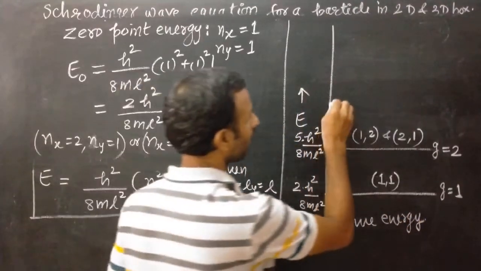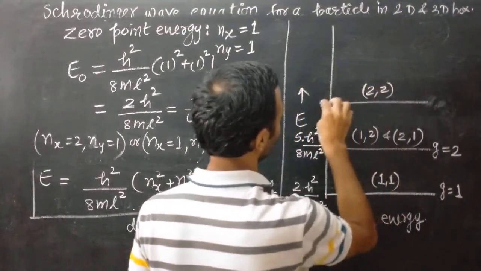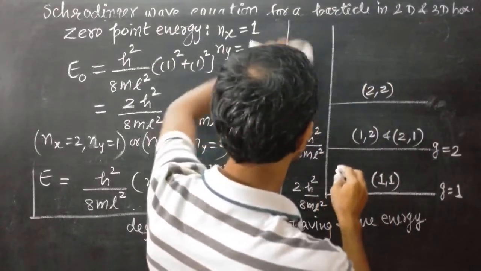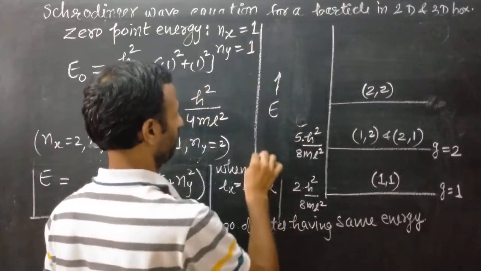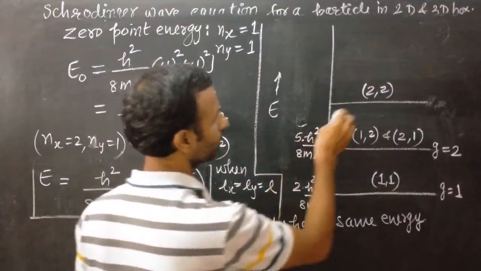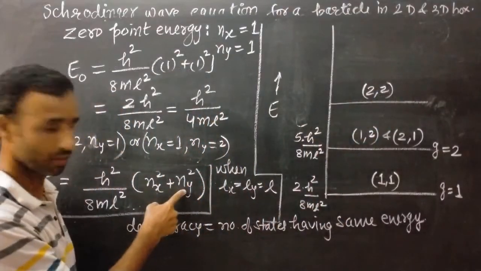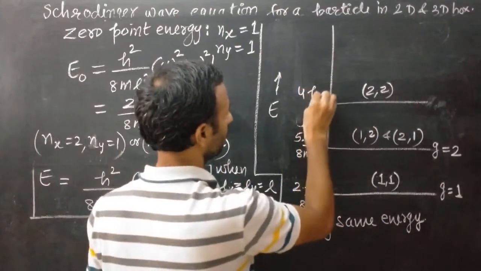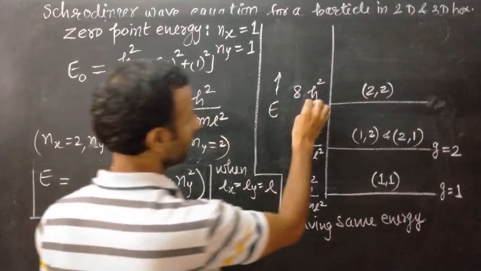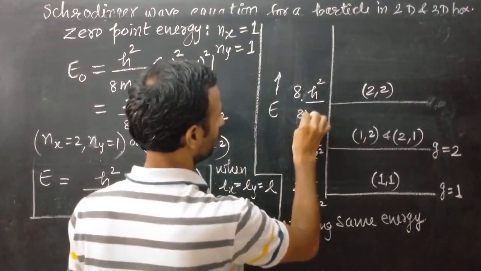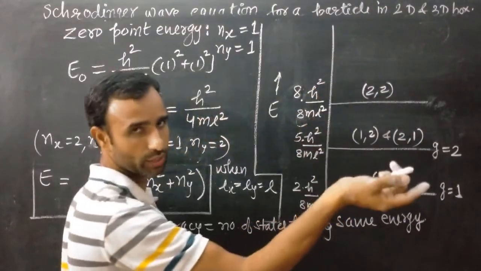Now next is 2, 2. For 2, 2 it is 2² plus 2², so total 8, 4 plus 4, right? 8 into h²/8mL², meaning h²/mL² simple.